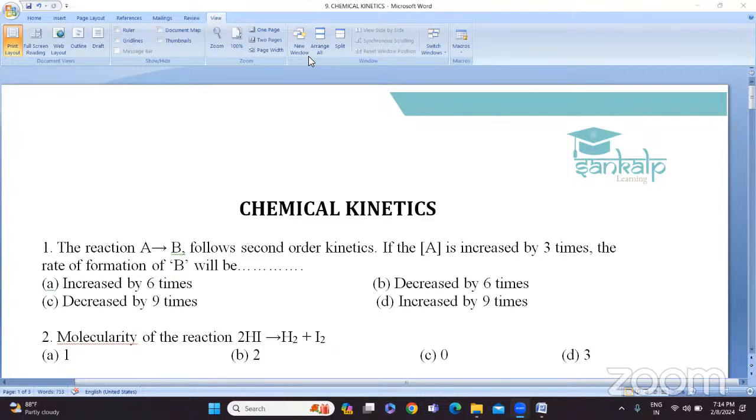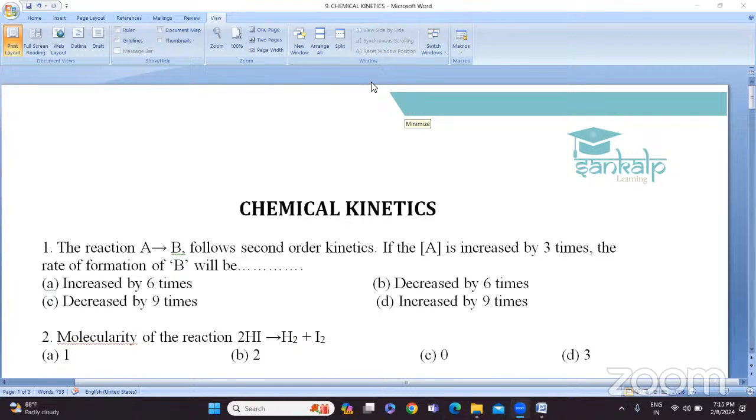The reaction A giving you B follows second order kinetics. If the concentration of A is increased by 3 times, the rate of formation of B will be. AK has also answered it as A.